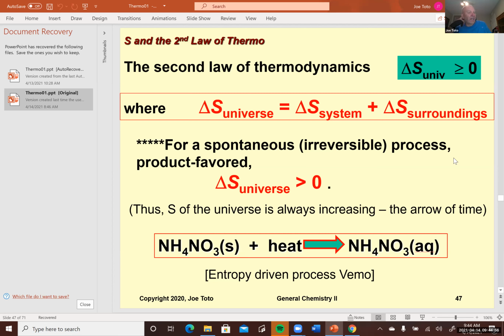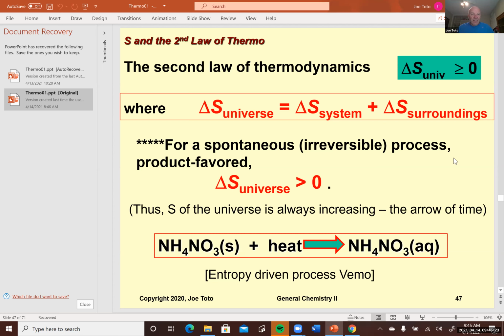So we're just looking at the kind of on and off switch, in which direction processes are predicted to take place if left alone. So if I look at a process and I calculate its delta S and it comes out positive, the second law of thermodynamics says that that process is spontaneous. Correct?